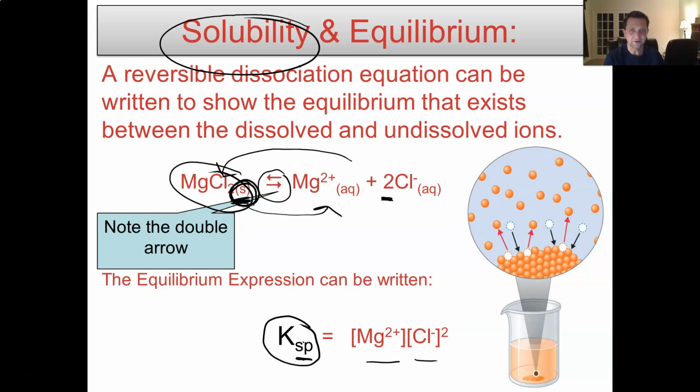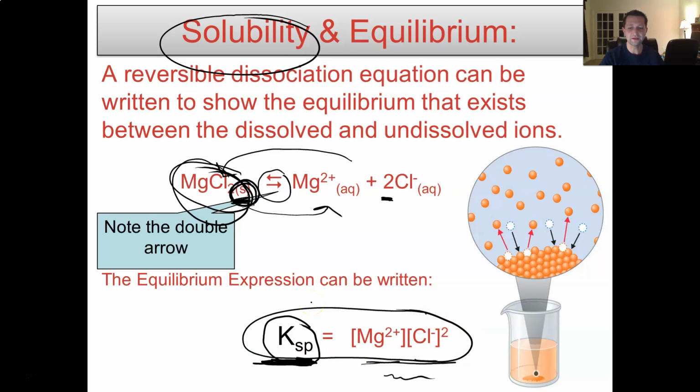You will never, ever have a Ksp with a fraction here. You'll never have anything in the denominator because there's always only one thing on the reactant side, and that one thing is going to be a solid. So get used to seeing this format for Ksp.